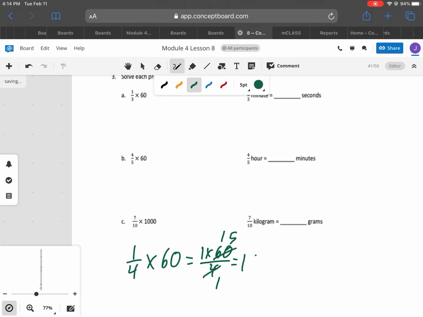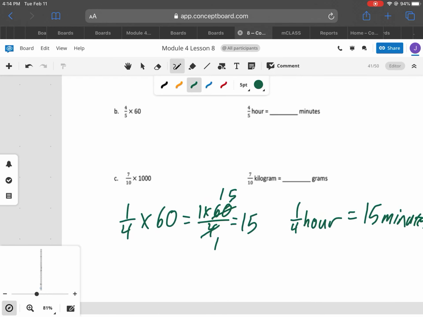I know my answer is 15 here, and 1 here, so my answer is 15 minutes. So my answer over here would be 1/4 of an hour equals 15 minutes. It's 3:15. All right. When someone says a quarter, they're saying 1/4, 1/4 of an hour.